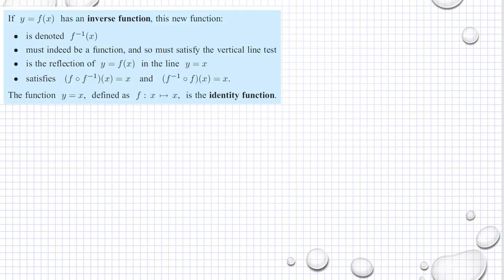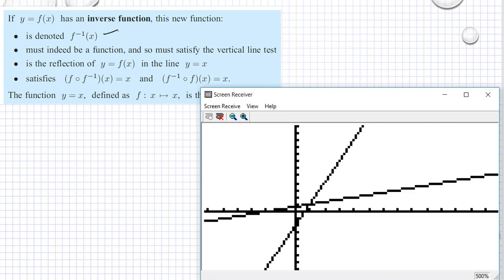To summarize, if we have y is equal to the function of x, the inverse function, this new function should be denoted by this. It must indeed be a function, and so must satisfy the vertical line test. The one I showed you satisfies the vertical line test.